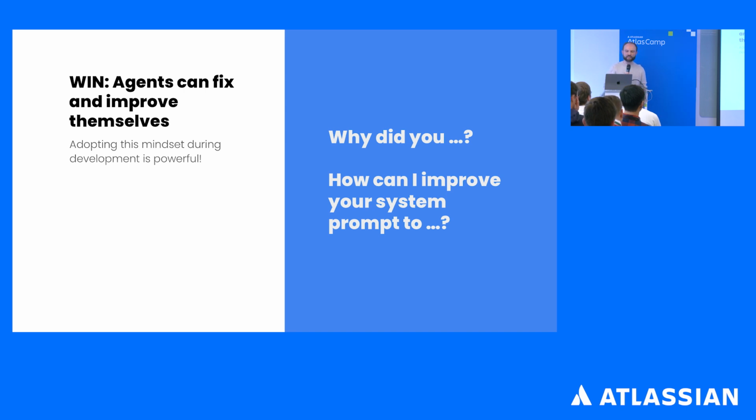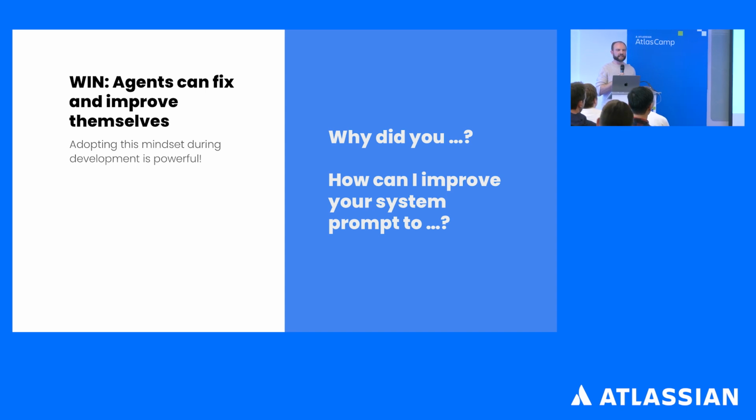I guess it took me a while to realize that this was a possibility, but agents themselves can help us to make them better. So asking it, why didn't you call that action, or why aren't you doing what I want? It can point us in the right direction.